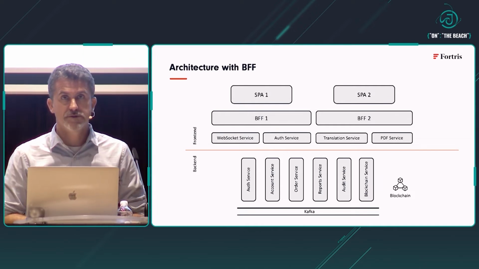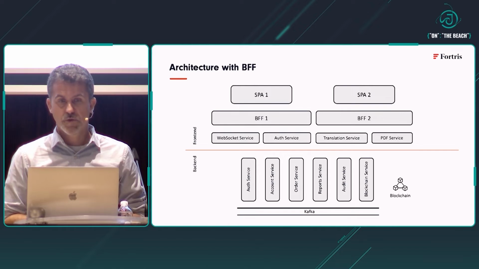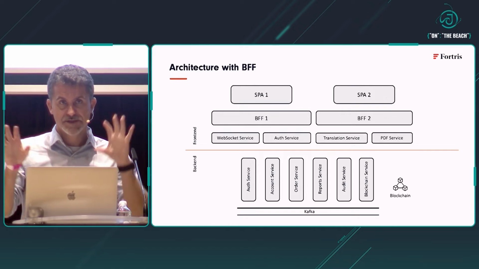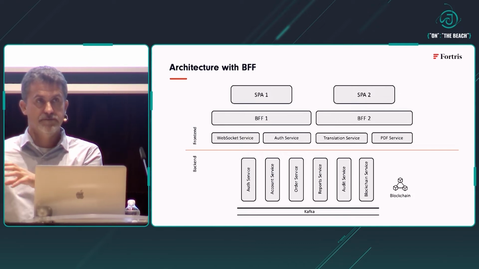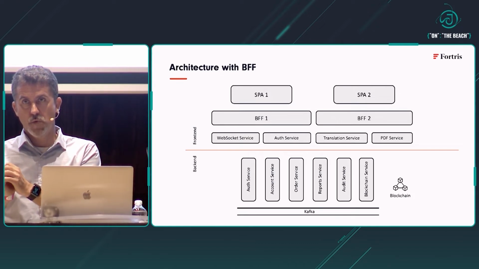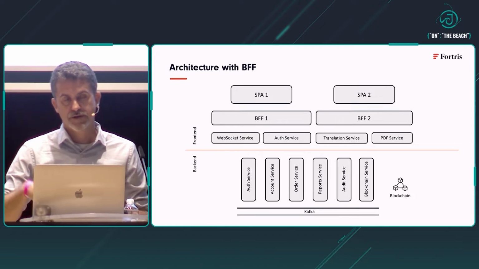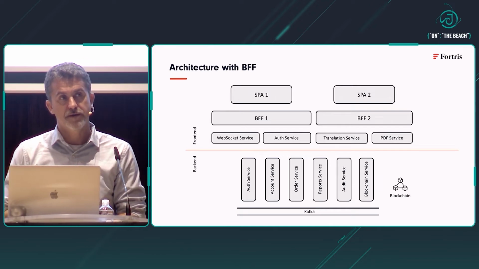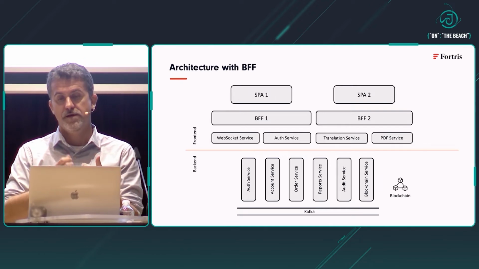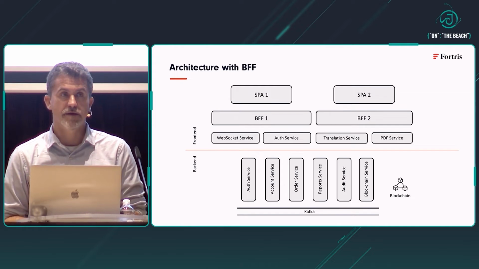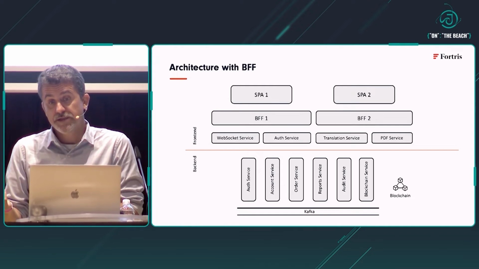What else? Not necessarily is it one by one on the top, these are just examples, but you can also use a translation service. We don't want to hard-code our messages in the application, so we can create a service that can work with MongoDB, for example, to create our dictionaries. Then the application requests to the backend for frontend and our API the dictionaries needed, because we are lazy loading.